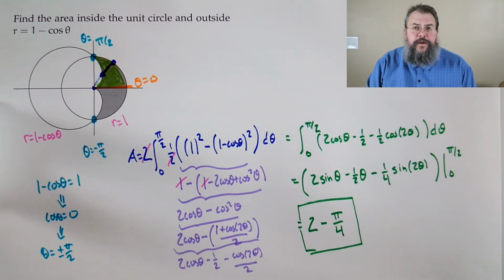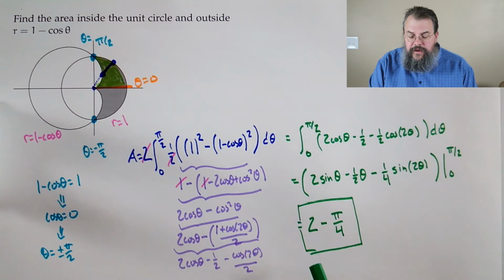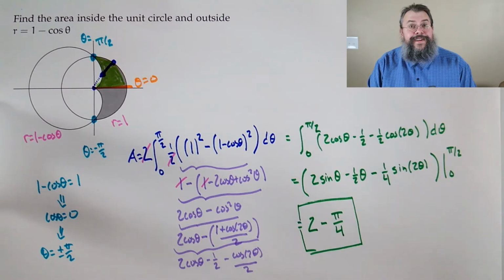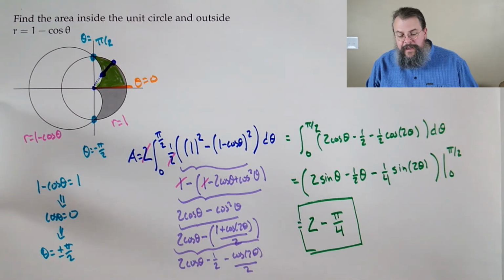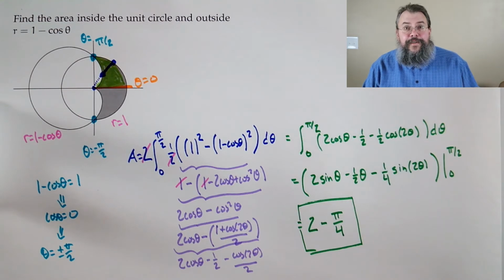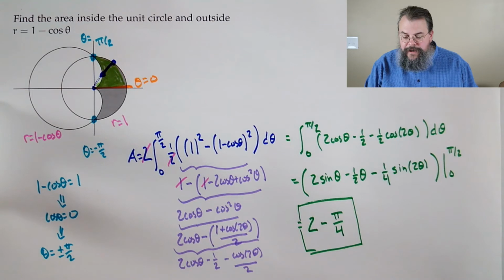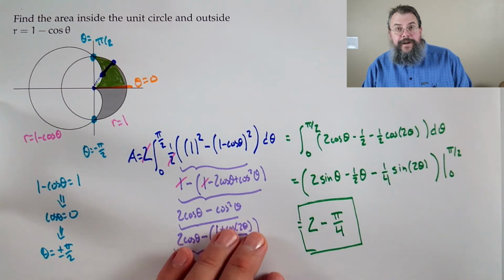It's not very big, and so it is smaller than pi over 2. So that's also a good sign. You like to check that your answers are reasonable, because after all, we should be reasonable. That's one of our goals. All right, well, good. Let's keep going.